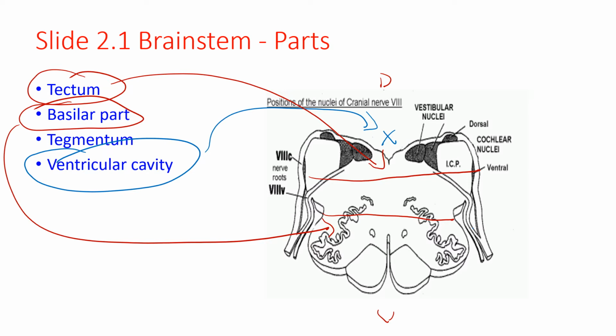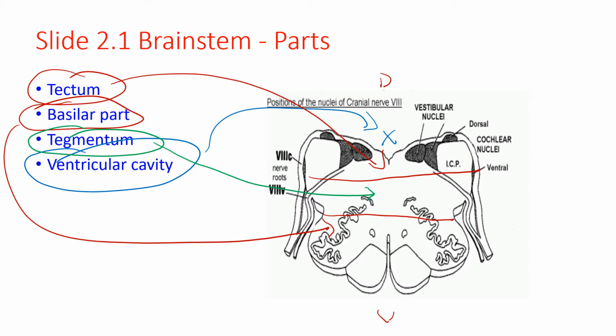The tectum, again as a general statement, is going to be that part which is associated with the sensory components of the brainstem. And then finally, in the middle, we are going to have a tegmentum. And the tegmentum is going to be more or less a mixture of structures, sensory and motor.